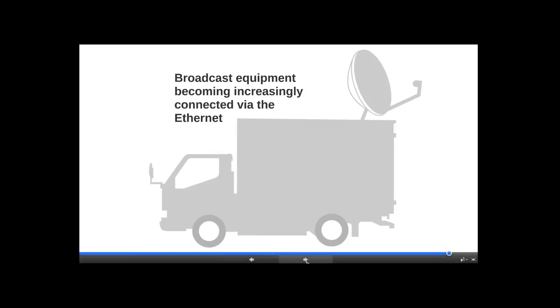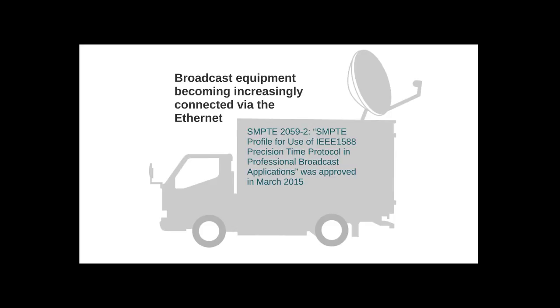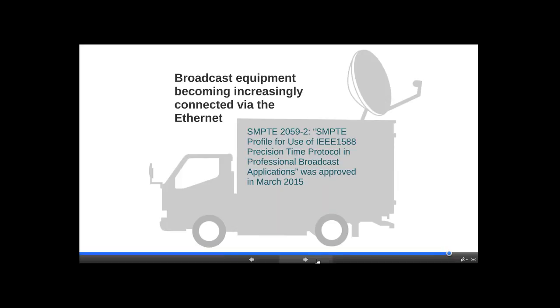Now, this dedicated cable is inefficient and heavy, and therefore the driver is there to put all that timing and sync over the Ethernet, which provides the connectivity to these broadcast stations, studios, and cameras. And so timing over Ethernet, namely PTP, is of great interest to the broadcast industry. And the Society of Motion Picture and Television Engineers, or SMPTE, is defining a profile under SMPTE 2059-2, and the latest version of this profile was approved in March 2015, and the broadcast industry is looking very closely at this.